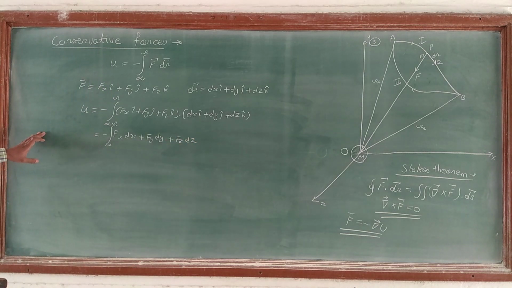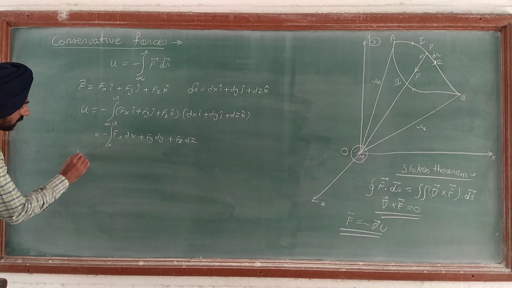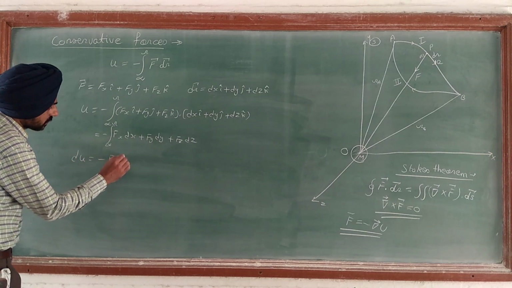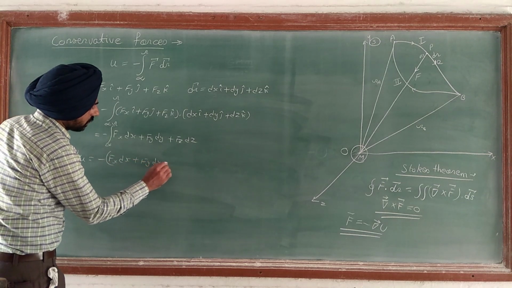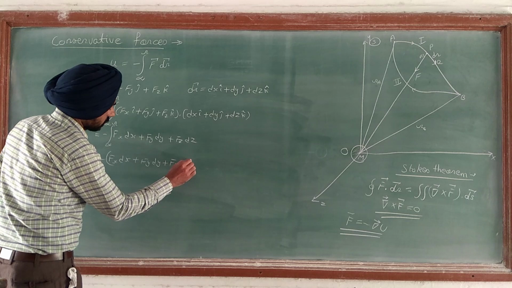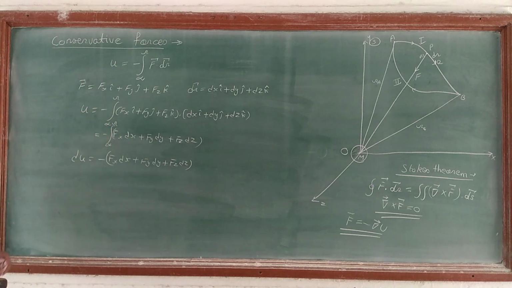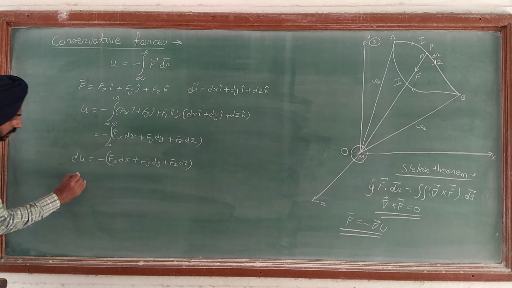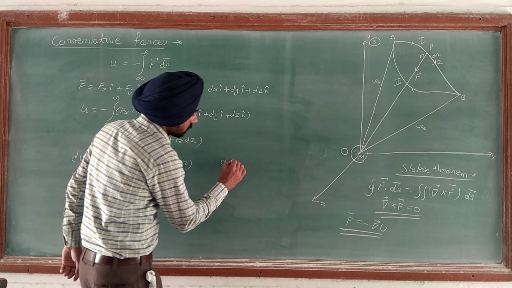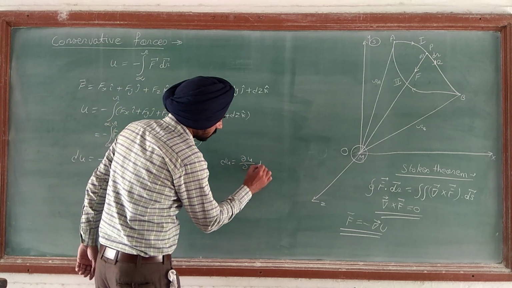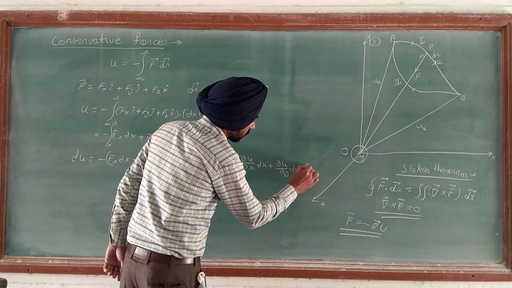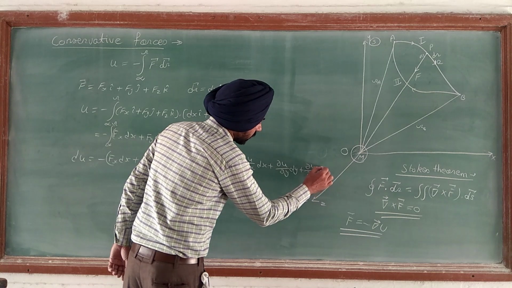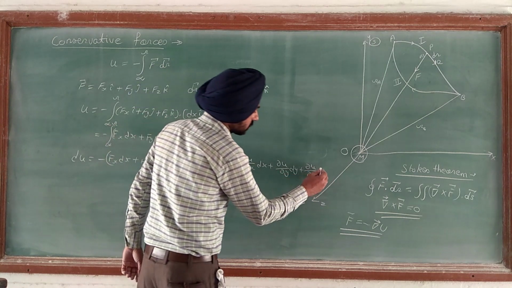Now, by differentiating on both sides, we will get dU equal to minus (Fx dx plus Fy dy plus Fz dz). Okay, so what is dU? We can write dU as partial U upon partial x dx plus partial U upon partial y dy, because it depends on the x, y and z components.